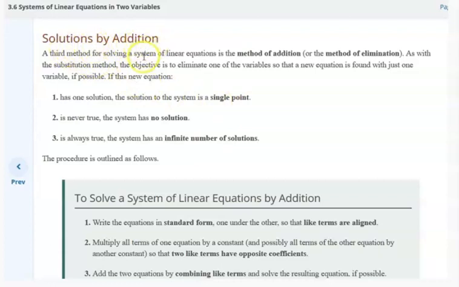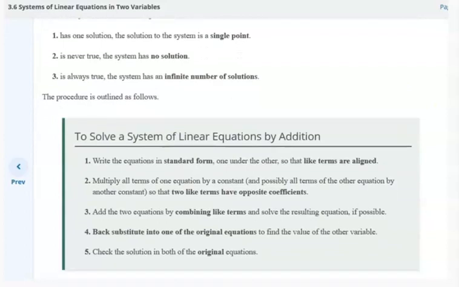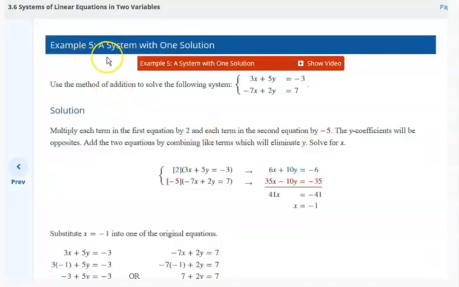So some background information, and I will go through the process, and it's sometimes also referred to as the method of elimination, where you are eliminating one of the variables through the process of addition. And I'll illustrate that for you on the next slide. This will be example 5, and we're looking at the addition method. I'll switch to whiteboard shortly.